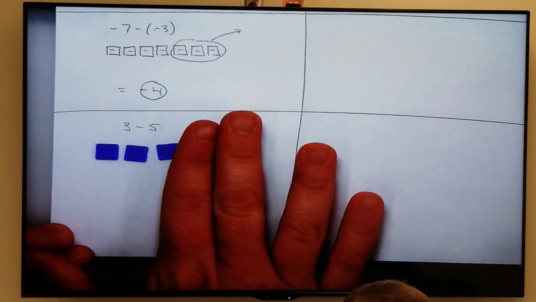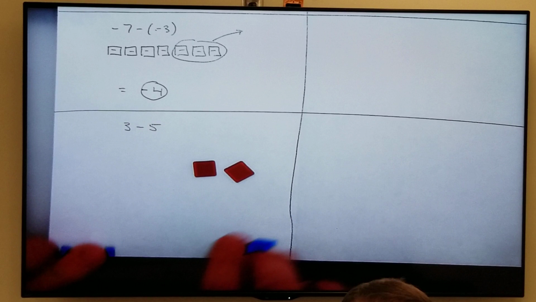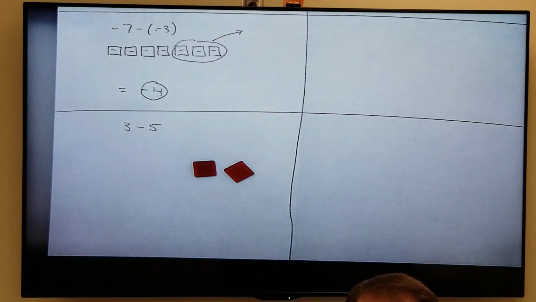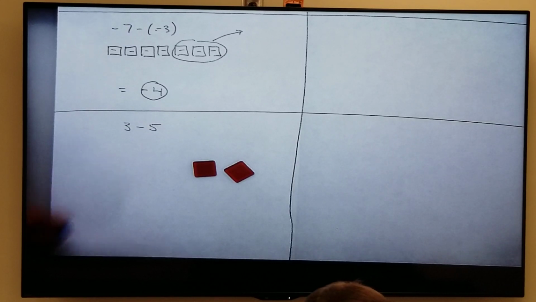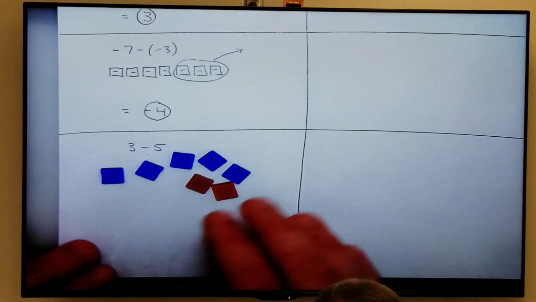So I have 3, take away 5 is -2, okay? So 3 minus 5 is -2.